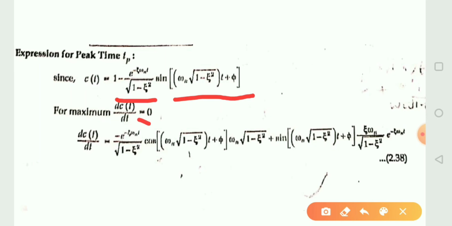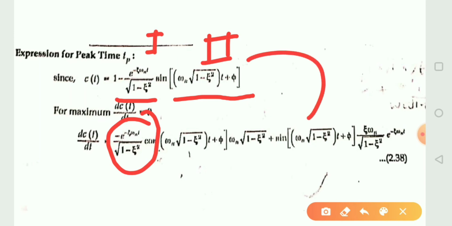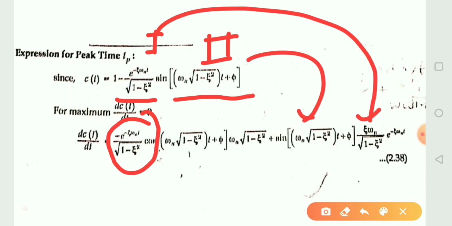If we take the first term as a constant, we take differentiation of the second, and plus we take the second term as a constant and take differentiation of the first term.